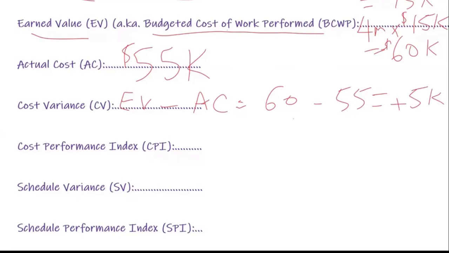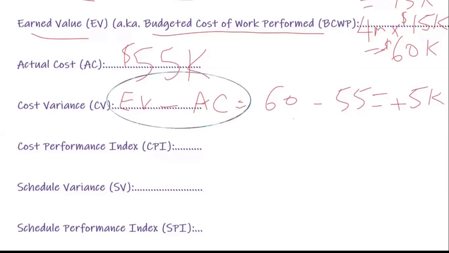The cost performance index is the same thing as the cost variance. All right. So here's the trick. This is something you want to remember. It's the same thing as the cost variance, but because variance is a difference between two things, and index is a ratio, instead of subtracting, we divide. So it's the same formula that you're seeing here, right?